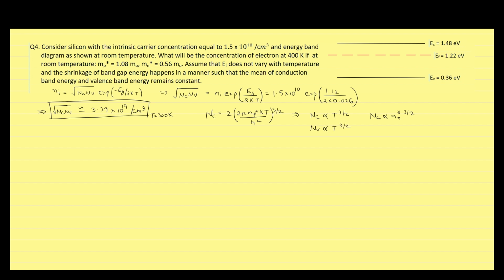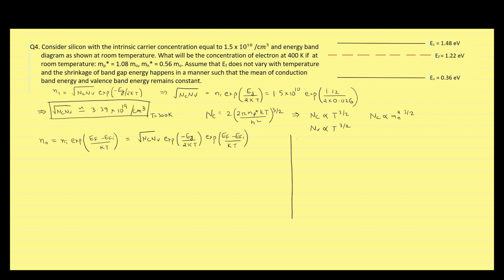Now we are supposed to find the concentration of free electron at temperature 400 Kelvin, and we have a formula. N naught is equal to intrinsic carrier concentration into exponential EF minus EFI divided by KT, which can also be written as under root Nc into Nv exponential minus Eg by 2 kT exponential EF minus EFI divided by KT.